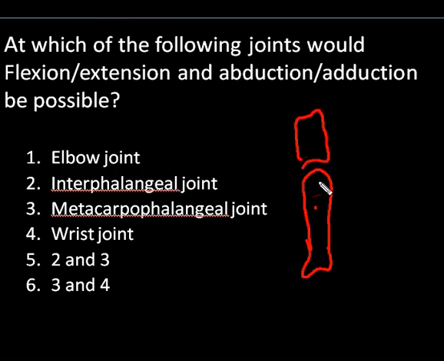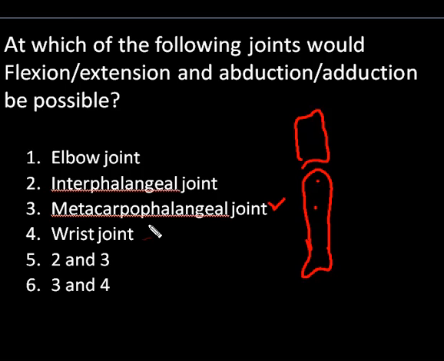At this point, this is the metacarpophalangeal joint. This is where your knuckles are. At this joint, you're capable of flexing and extending, and you're also capable of spreading your fingers or bringing them together. That spreading and bringing them together is abduction and adduction, along with flexion and extension. So it's capable of both. This is one joint which can do both these movements.